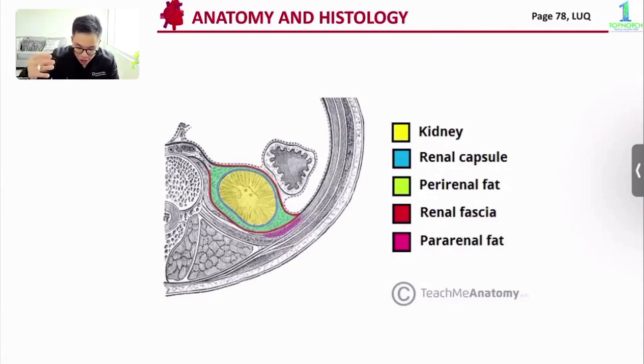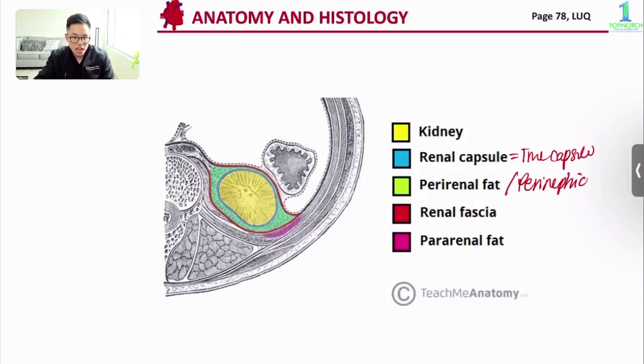The next layer is the renal capsule, which is the true capsule of the kidney. Next to it is the perirenal fat or perinephric fat. Perinephric and perirenal are basically the same thing. It's a fat covering the renal or fibrous capsule.